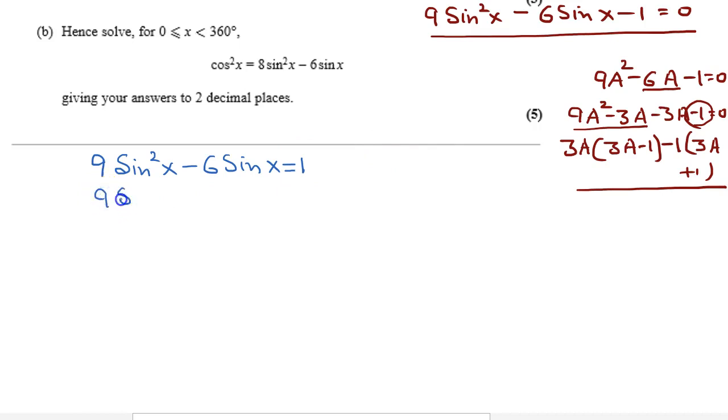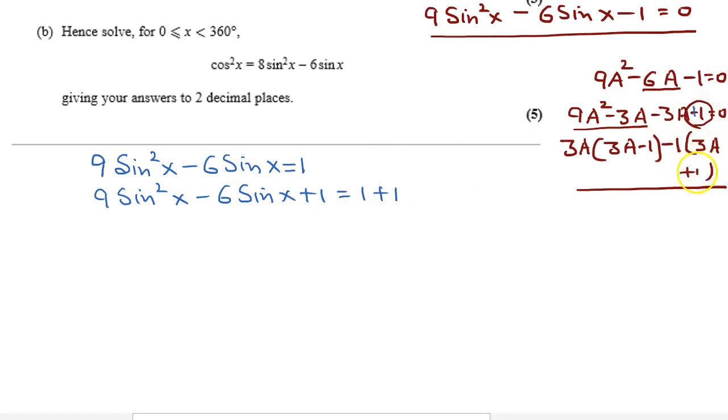So 9 sin^2 x minus 6 sin x plus 1 is equal to 1 plus 1. Now I have added 1 to both sides. Now I can see that this is positive.